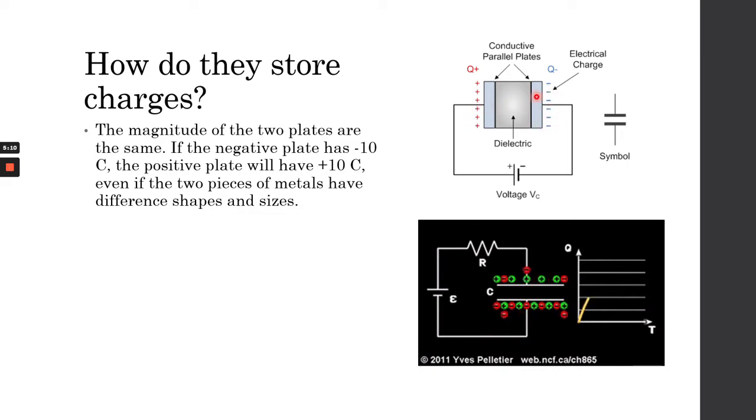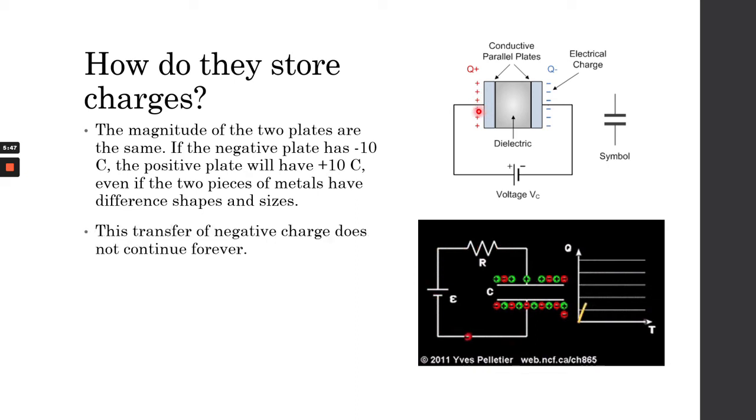For example, if this negative plate right here is negative 10 coulombs in your capacitor, the positive plate will always be positive 10 coulombs as well, even if the two plates do not look the same or they have different sizes or different shapes, because the same amount of negative charges that leaves one plate will go to the other plate. So the negative and the positive plates will always have an equal magnitude.